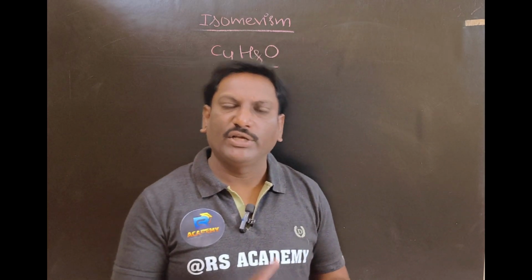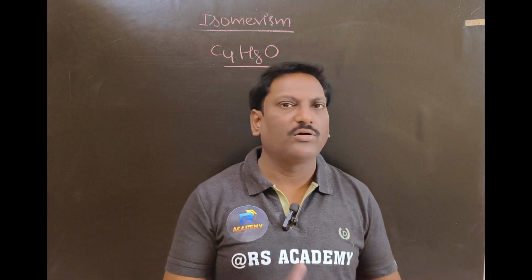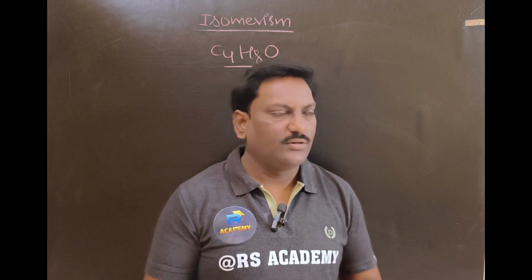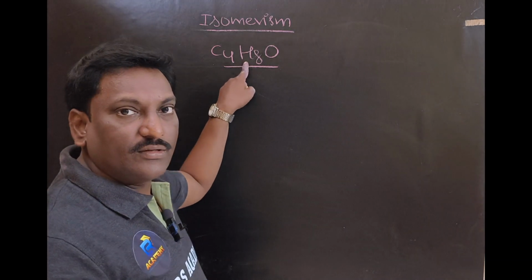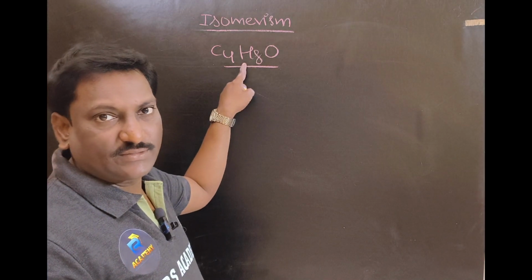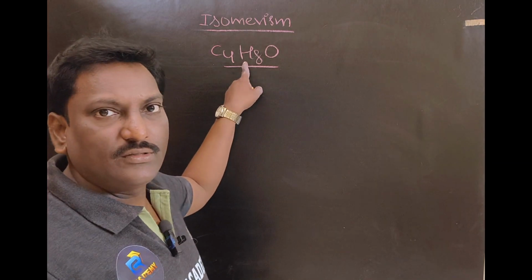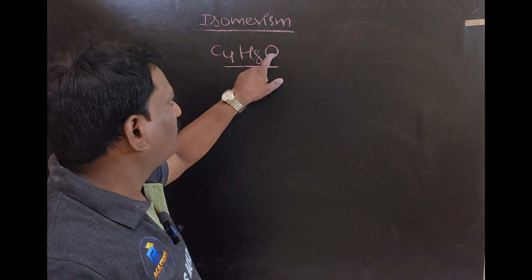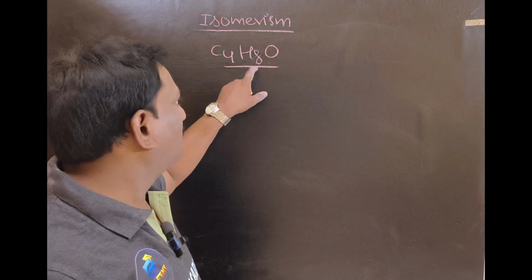Alcohol, ketones. According to your syllabus, alcohol and ketones. Sorry, we have three functional groups: aldehyde, ketone, and alcohol.